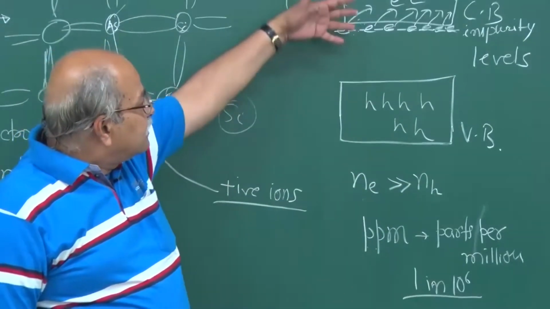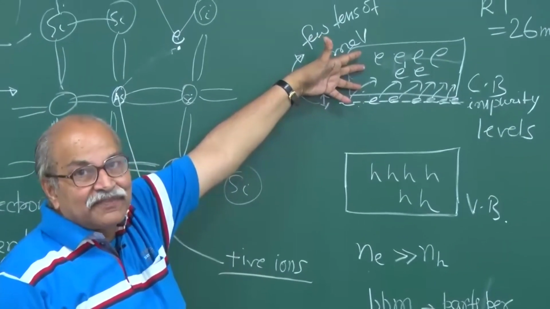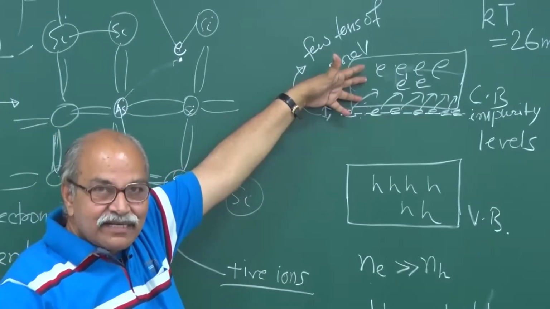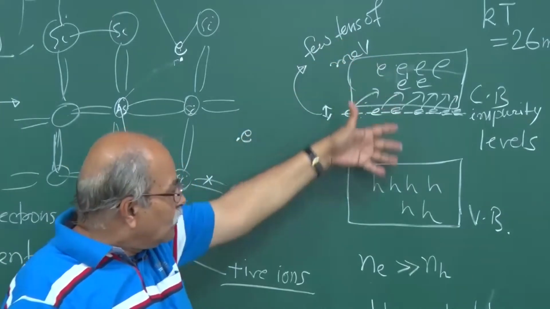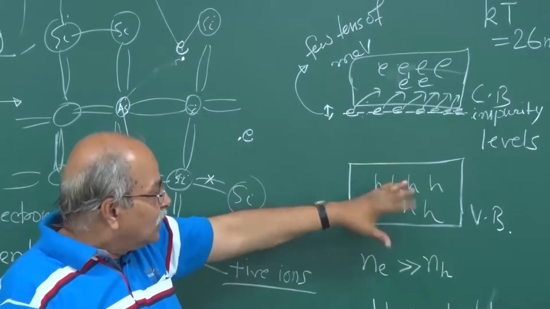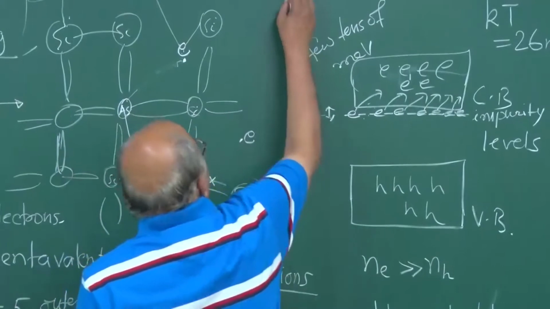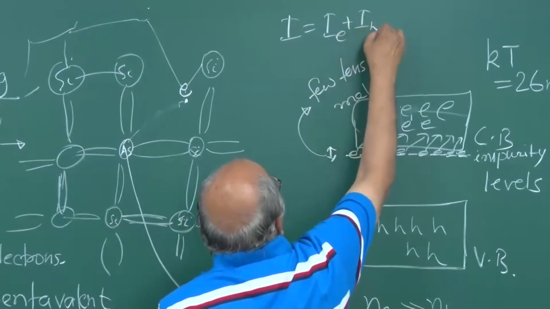So the charge carriers, remember in semiconductors, if you apply electric field, if you connect it to a battery, then the electrical conduction is because of these electrons, conduction electrons, and also because of these holes, because here also you have some movement of electrons, and so you have I equal to IE plus IH.